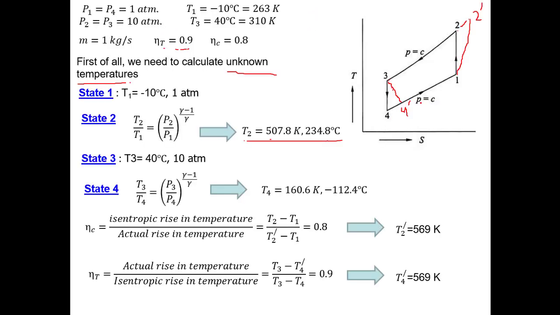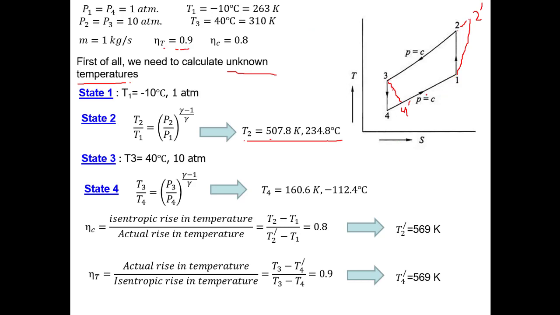Once we know all the unknown temperatures, the first unknown is the capacity of the system. The refrigeration capacity of the system, or QL, is H1 minus H4, and if we convert in terms of temperature, that will be m Cp (T1 minus T4 dash), because we have to calculate the actual one. So we have to put T4 dash instead of the previous T4.